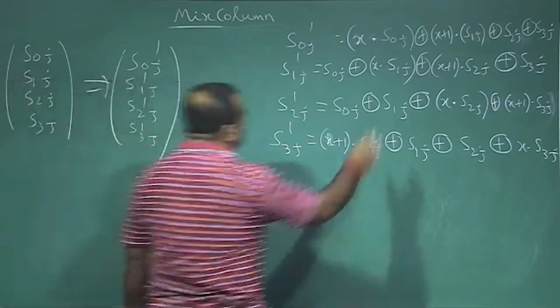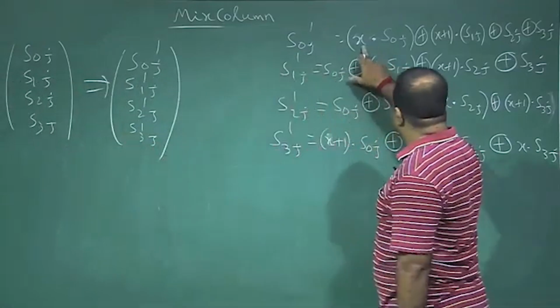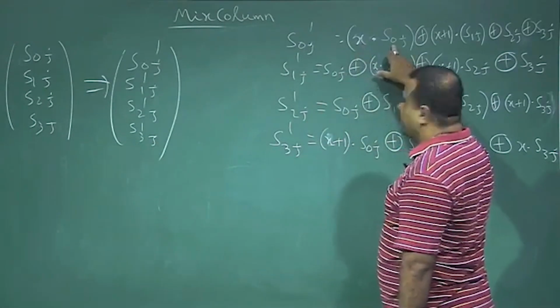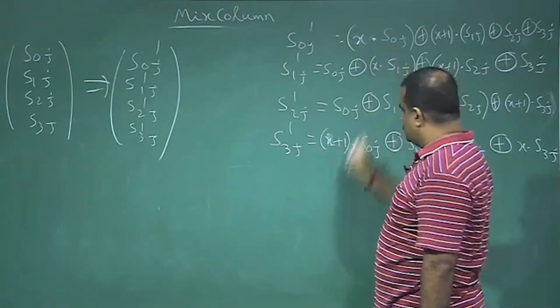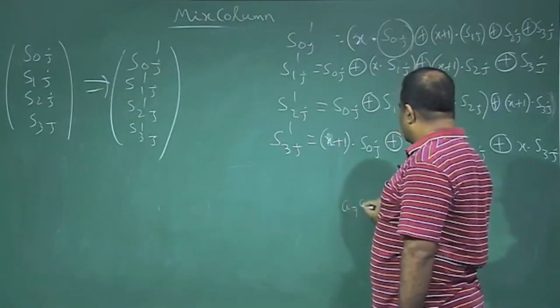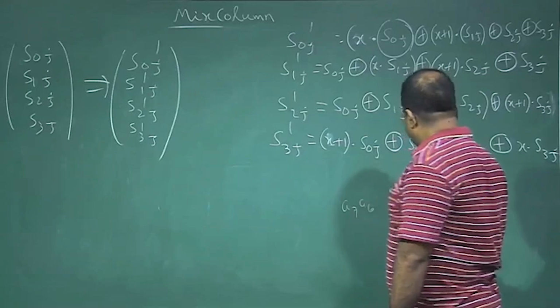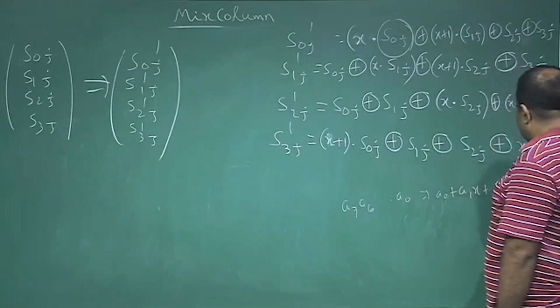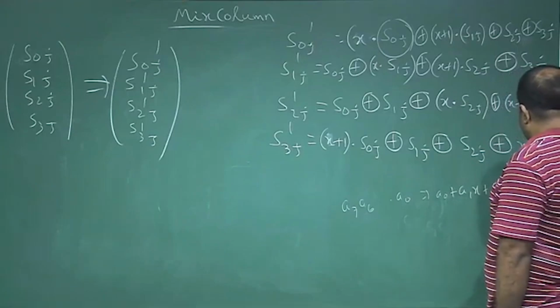So, each operation is a field operation. This is an 8 bit value, say A7, A6, up to A0. So, it can be converted into A0 plus A1x plus dot dot dot A7 x to the power 7.